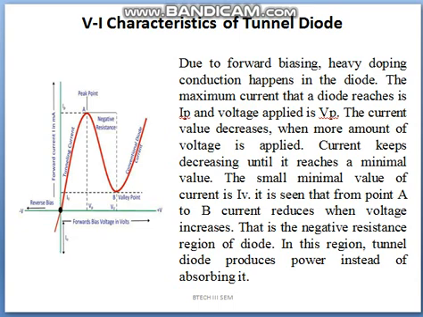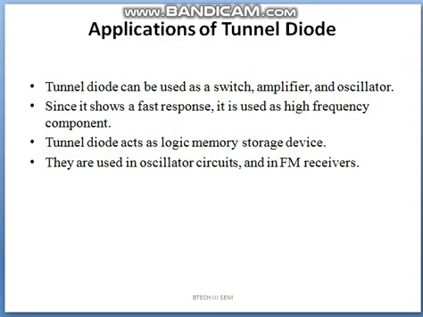Current continuously decreases until it reaches a minimum value. The small minimum value of current is IV, that is called the valley current, and the corresponding voltage is called the valley voltage. From point A to B, current reduces when voltage increases. That is the negative resistance region of the diode. In this region, the tunnel diode produces power instead of absorbing it.